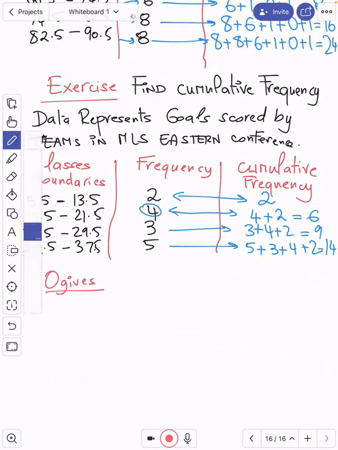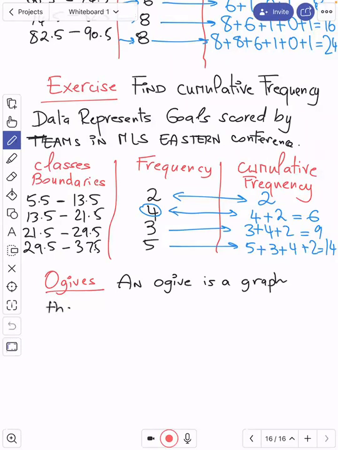So what's an ogive? Well, an ogive is just a graph. An ogive is a graph that displays cumulative frequency.